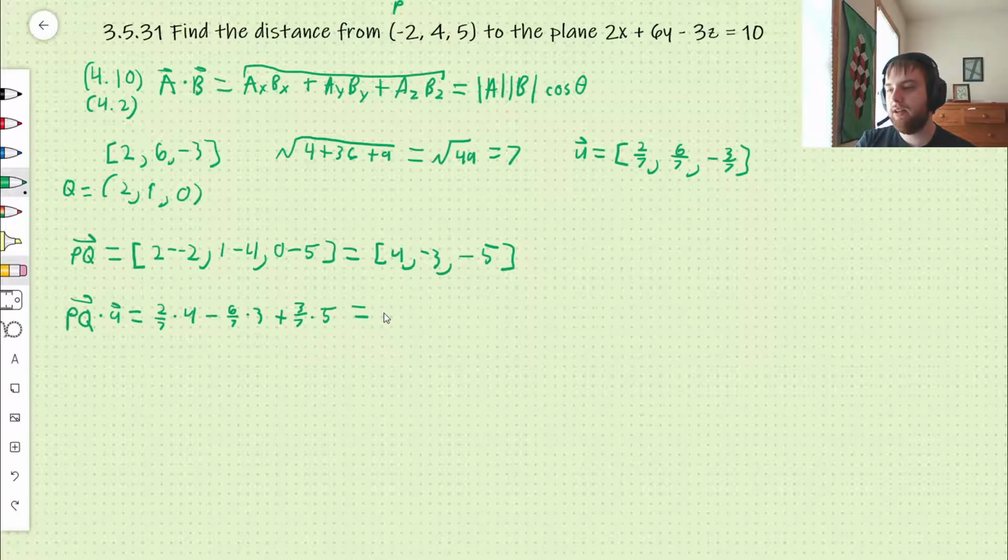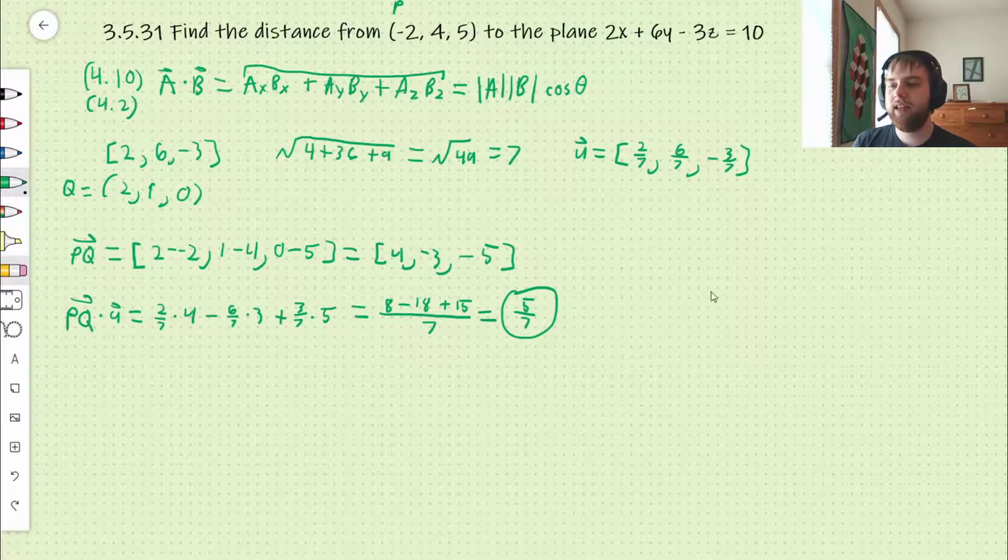So you end up with 8 minus 18 plus 15, all over 7, which leaves you with, let's see, that's a negative 10, that's 5, okay, 5/7. And this is our answer here. It just kind of ends up popping out there.